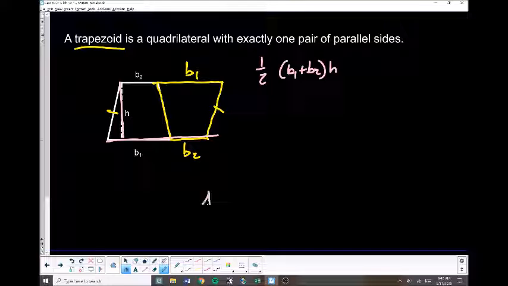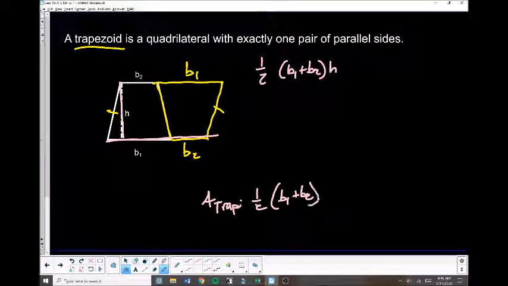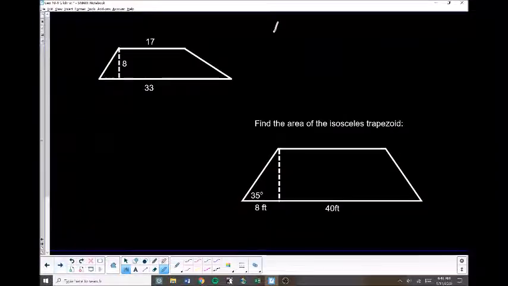So the area of a trapezoid is 1/2 times the two bases added together times the height. One way you could think of that is this is the average of the two bases times the height. So I'll write that again. Area of a trapezoid is 1/2 times B1 plus B2 times height.